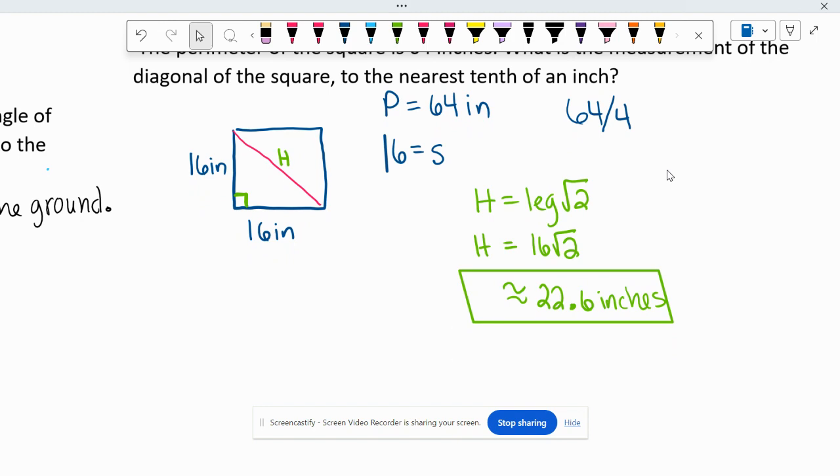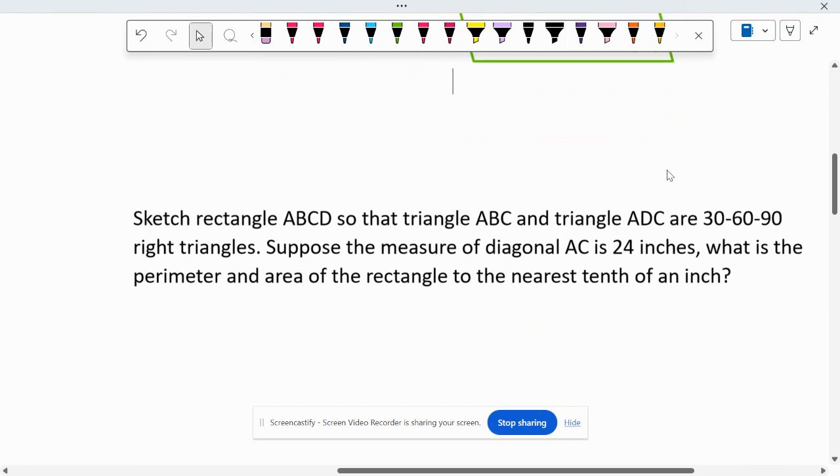Are we all good? Trey, are you okay if I go on? Are you sure? Okay, because I saw you still writing.